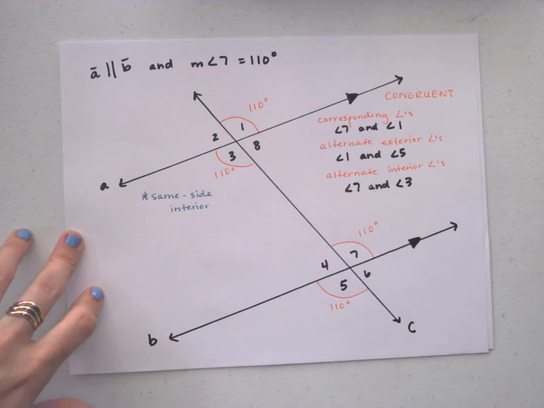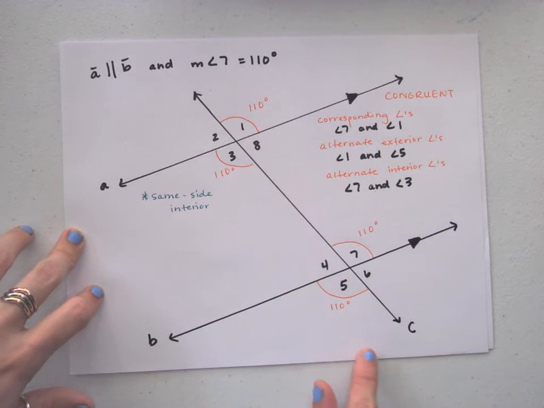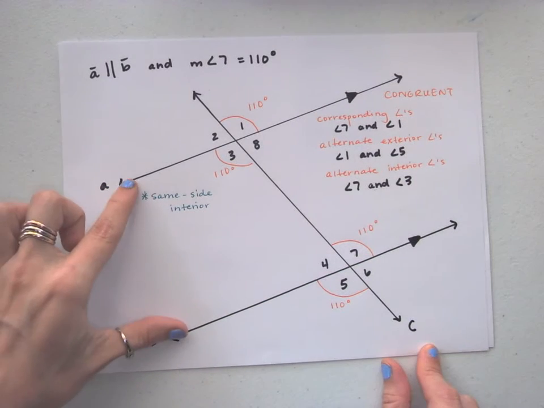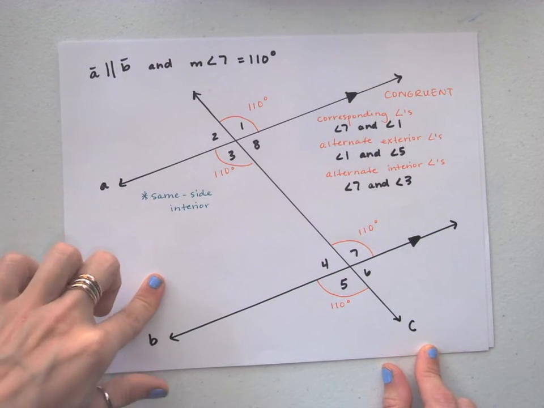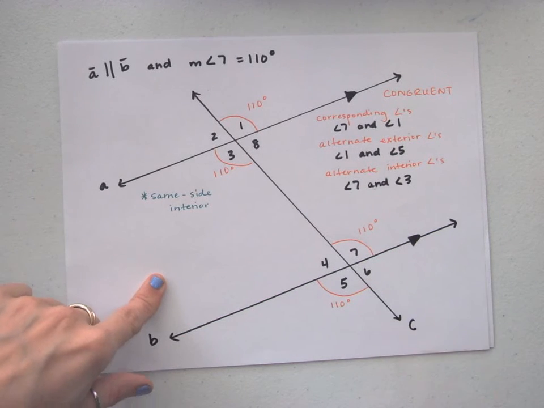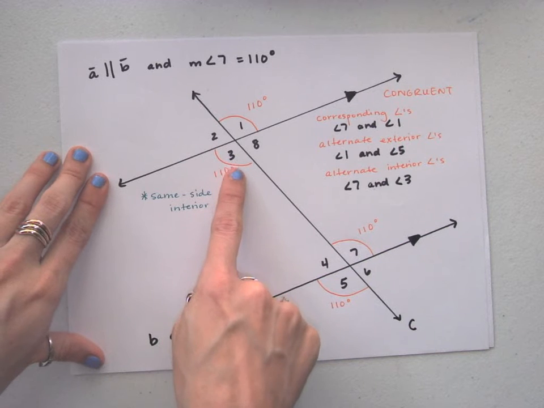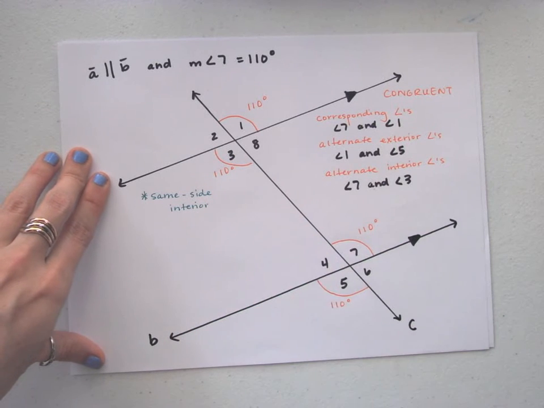So same side refers to being on the same side of the transversal, and then interior again refers to being inside the parallel lines. So if we look at our same side interior angles, we have angle 3 here, and also on the same side interior is angle 4.